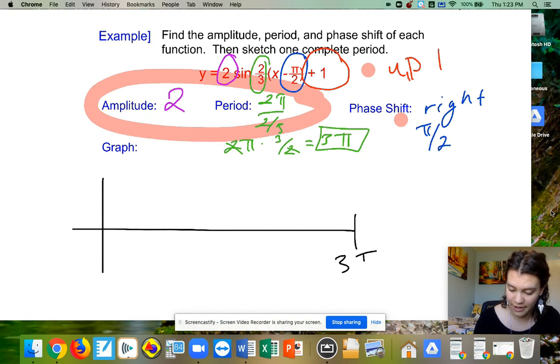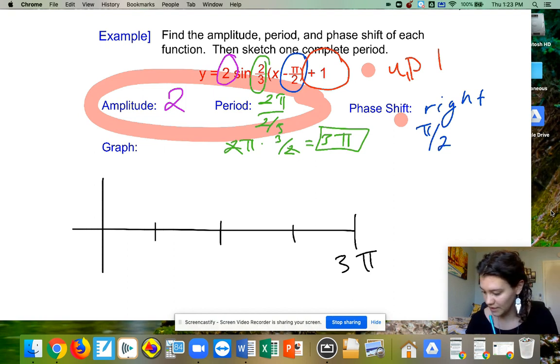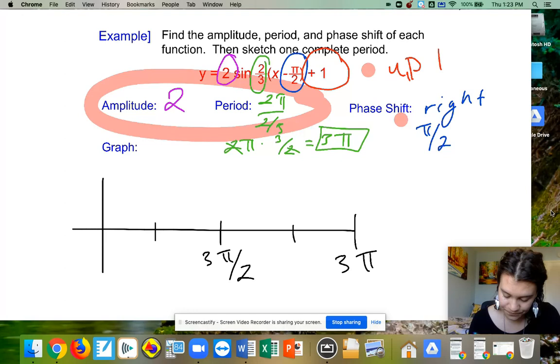So you have 3 pi, cut it in half, and then into fourths. So half of 3 pi is 3 pi/2. And then you can keep going from there, dividing up all of your stuff.